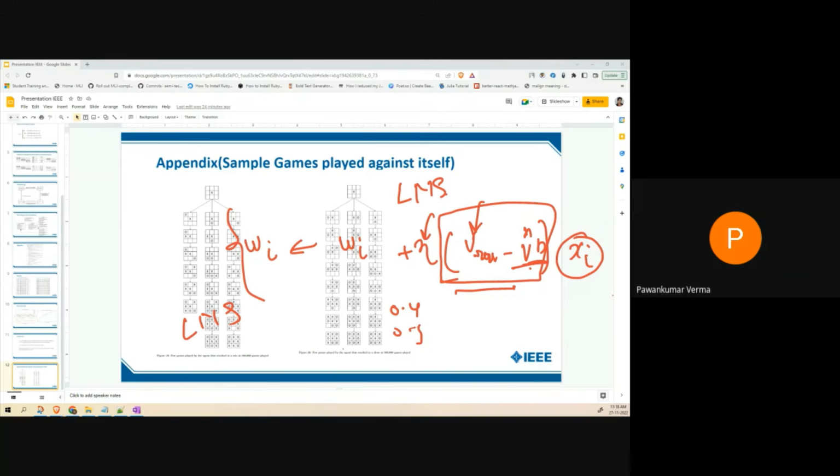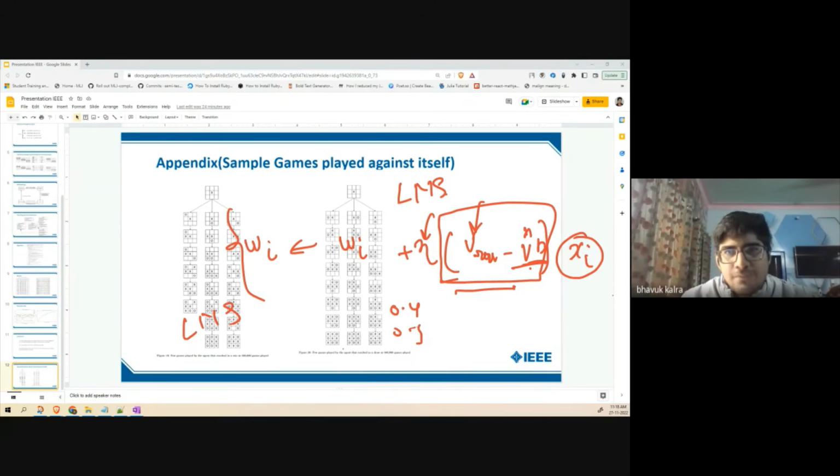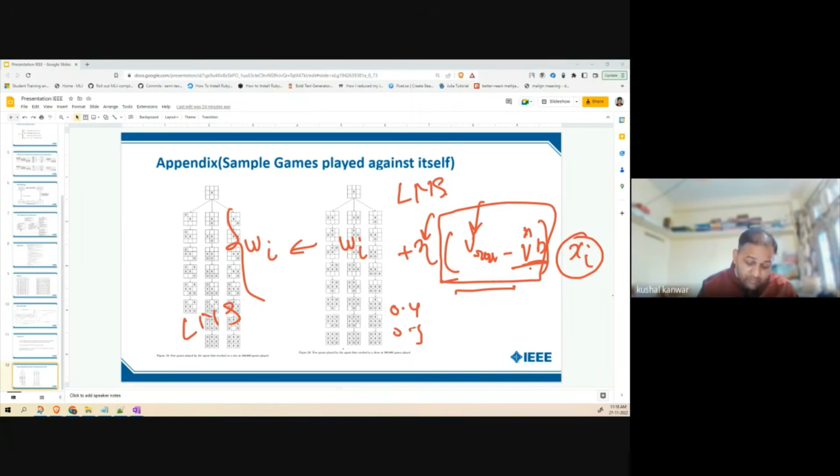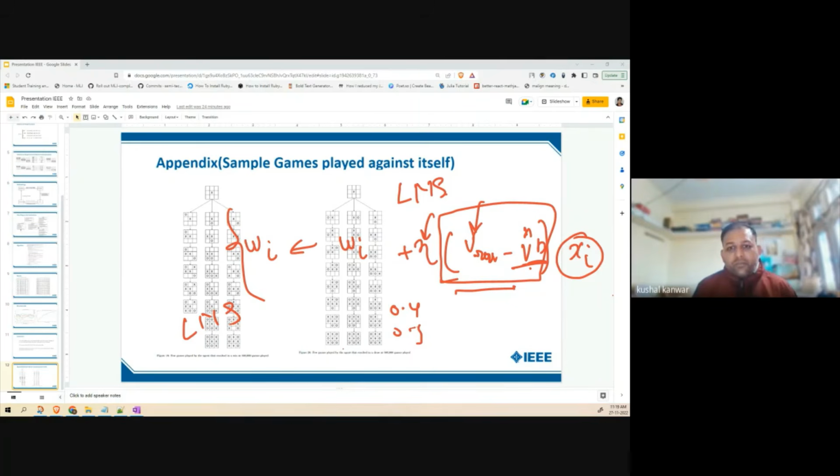Okay, Bhavuk, are you able to hear me? Yes, sir. This is Mr. Kushal Kumar here. I have a few questions. Is least mean square an optimizer or a loss function? It's a loss function basically, sir. So what optimizer have you used in your research?